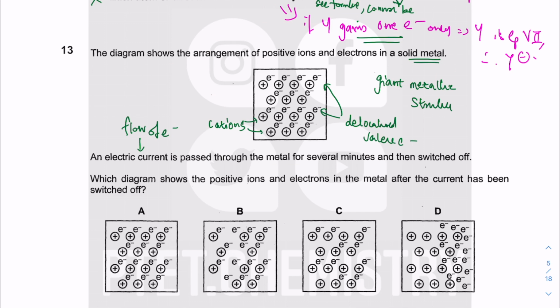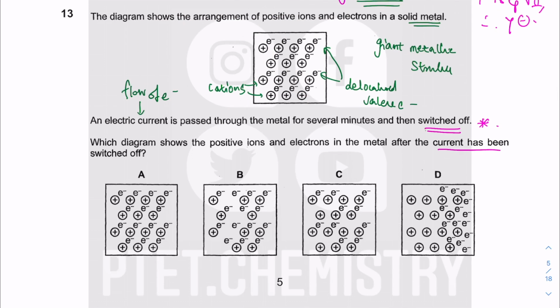But then, if you read this question, you switch it off. As soon as you switch off, the valence electrons would have been replaced by new valence electrons as they flow around the circuit, but the cations remained, and because you are switching off the current already, you will get back the giant metallic structure. It cannot be that the electrons are going to one side because current is no longer moving.